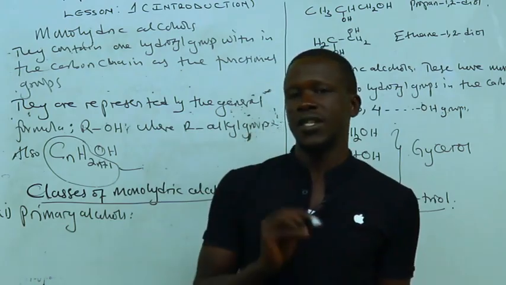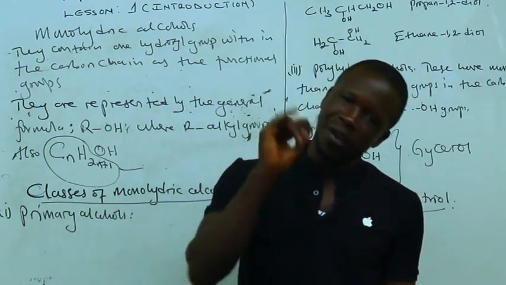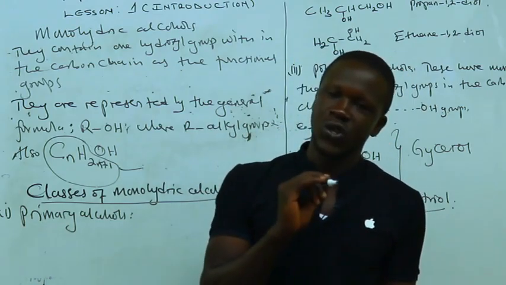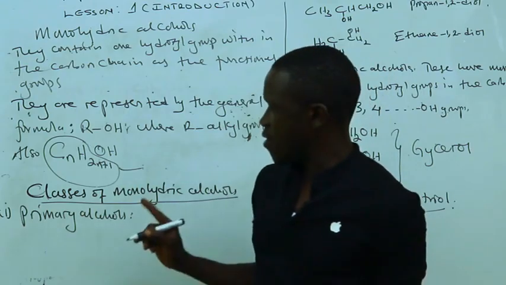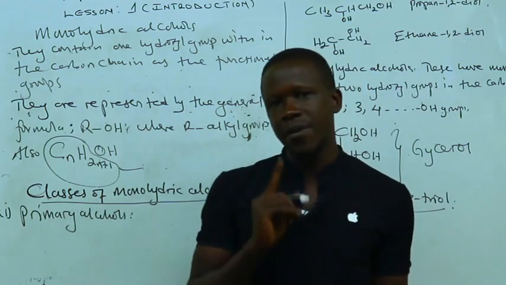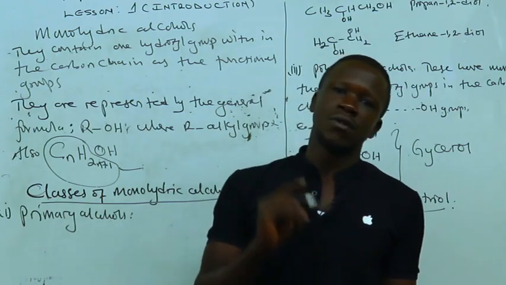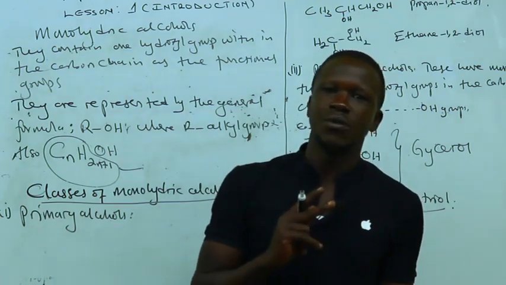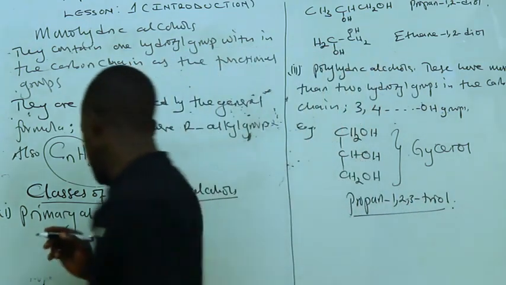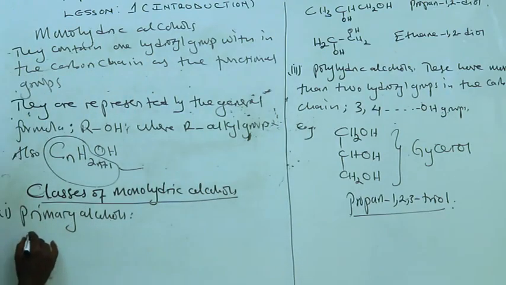There are certain features that we look for on that carbon atom. For the primary alcohols, the carbon atom to which the hydroxyl group is attached must always have two hydrogen atoms on it.